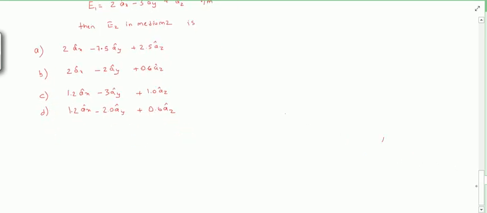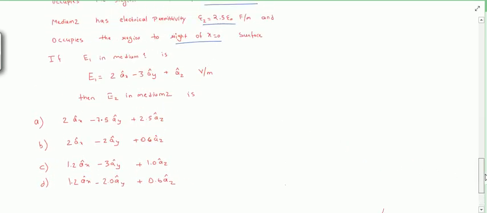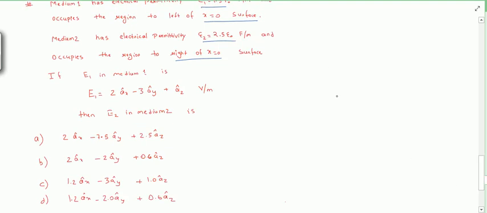So let us see which is the answer. Okay, we have to apply boundary condition. So suppose I'm solving it here. So here given value of E1, if I write, it is 2ax cap minus 3ay cap plus az cap, and you have given boundary surface x equals to 0.